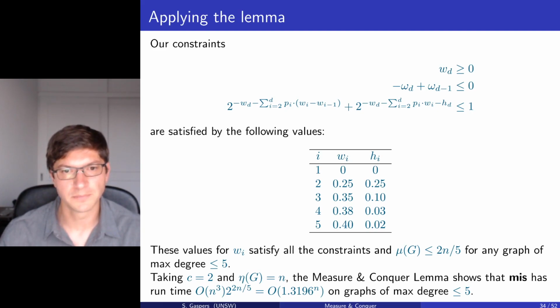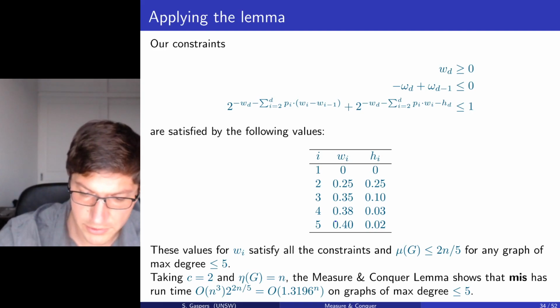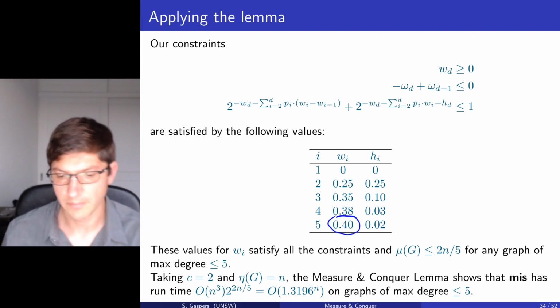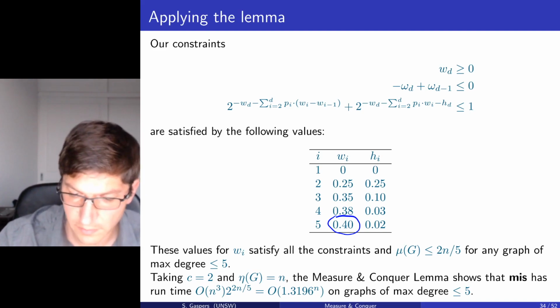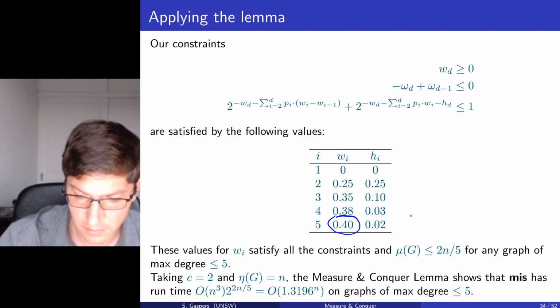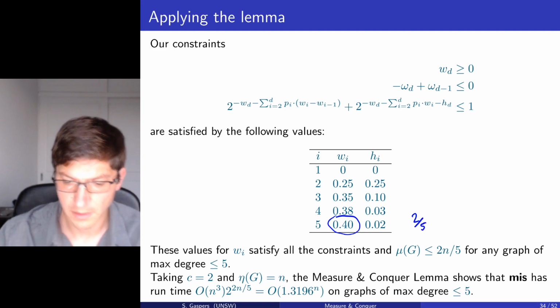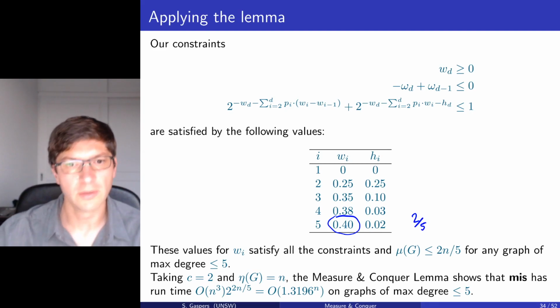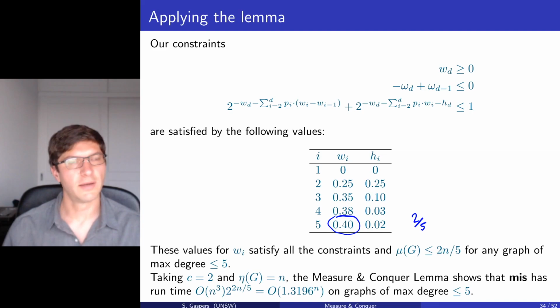And what's our measure? Well, the largest omega is 0.4, so that's 2 divided by 5. So for every vertex we have a weight that's at most 2 divided by 5. So in total, if we have n vertices, our measure is at most 2n divided by 5. So if we have an input graph with degree at most 5, our measure is upper bounded by 2n divided by 5.